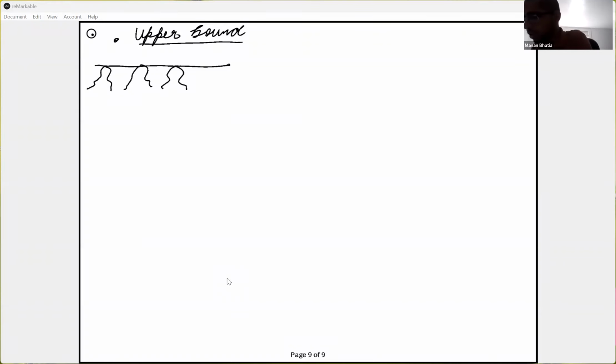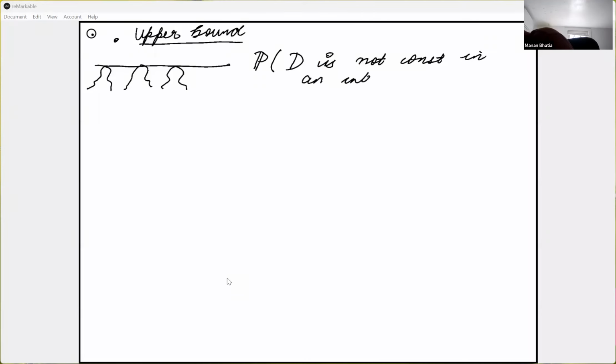So what you need to control is the probability that the difference profile, which I had defined there by D, is not constant in an interval A to A plus epsilon.